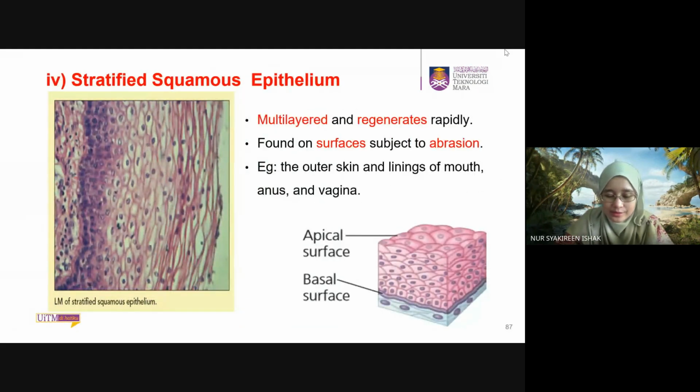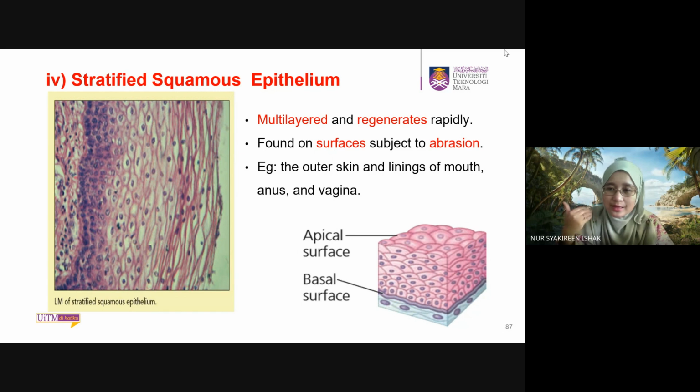And then stratified squamous epithelium: stratified, many layers of flattened cells. Multi-layered and regenerate rapidly. These are epithelium tissues that can be found on surfaces, the outer skin, the lining of the mouth.